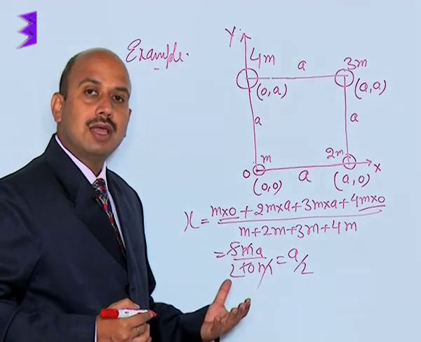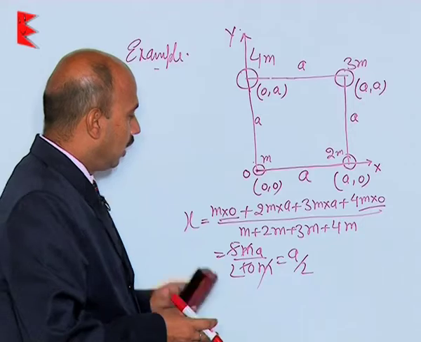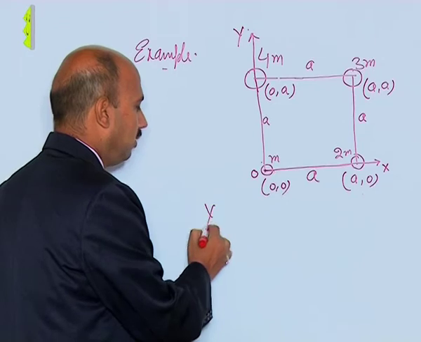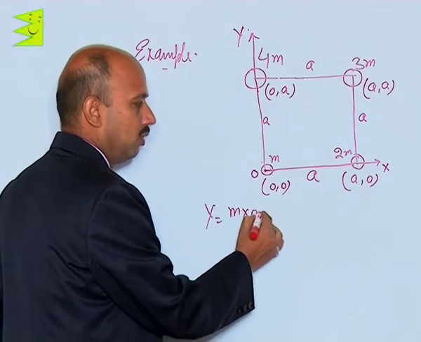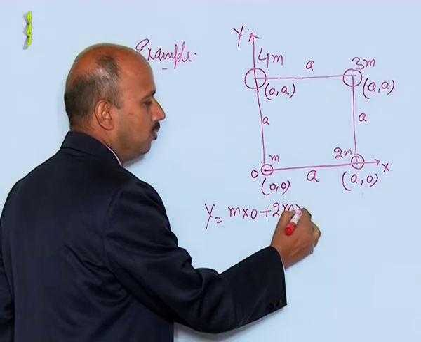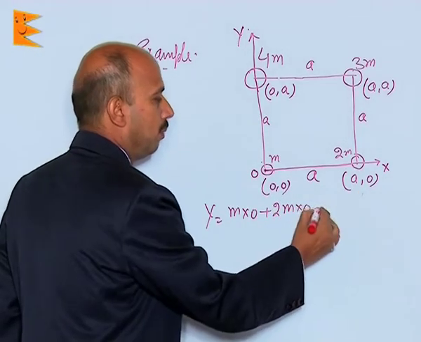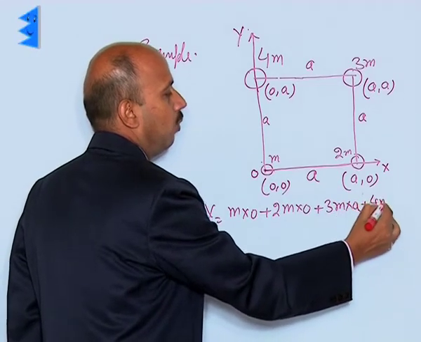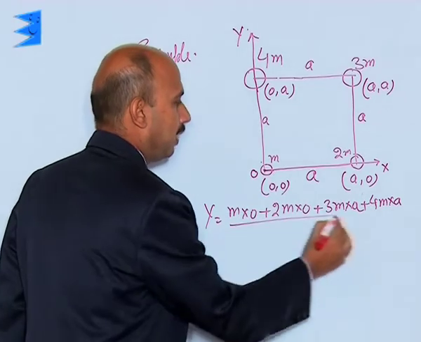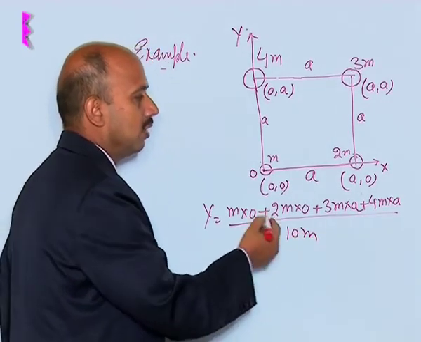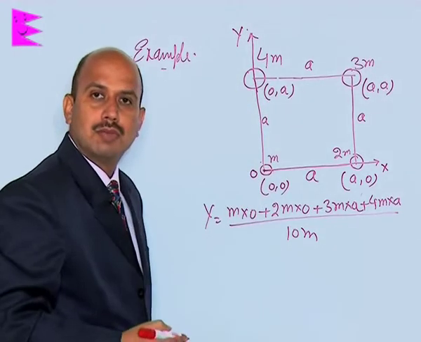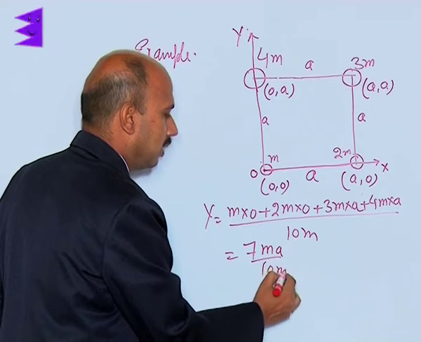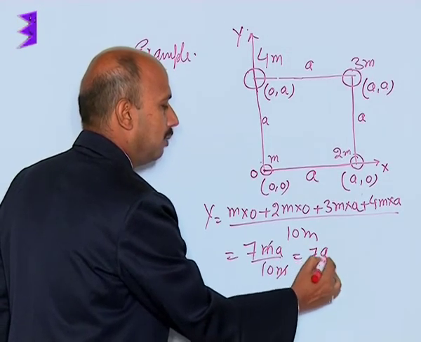Now, similarly we can calculate the y coordinate. y is equal to m into 0 plus 2m into 0, because its y coordinate is also 0, plus 3m into a plus 4m into a, divided by 10m, where m plus 2m plus 3m plus 4m gives 10m. The numerator is 7ma divided by 10m, the m cancels, so 7a by 10.